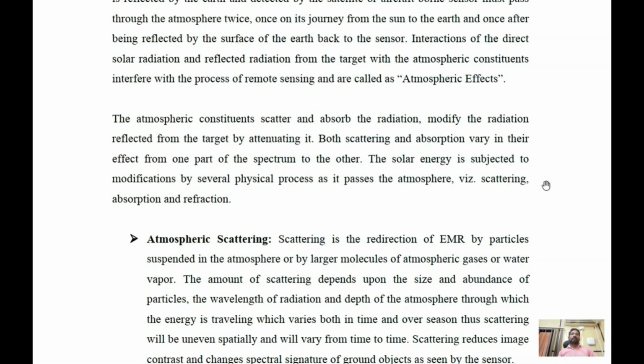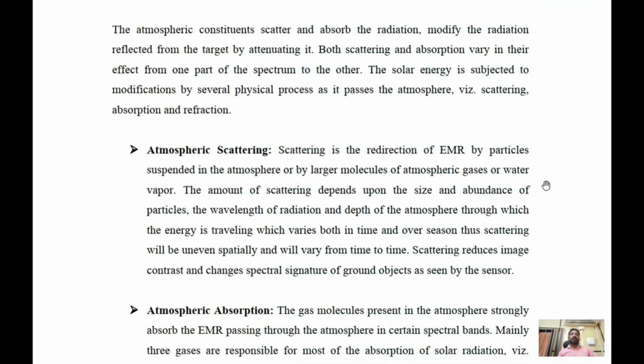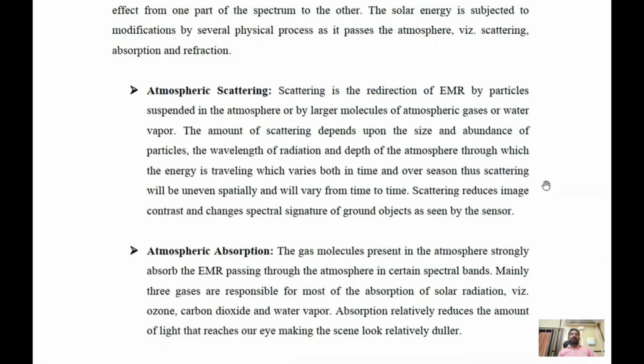Both scattering and absorption vary in their effect from one part of the spectrum to the other. The solar energy is subjected to modification by several physical processes as it passes through the atmosphere: scattering, absorption and refraction.